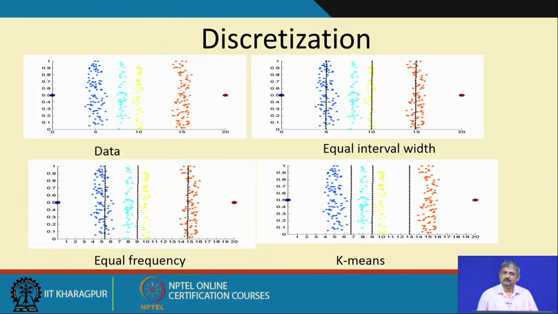Okay. So, the next pre-processing task is that of discretization. What it means is that suppose I have continuous data, say these different colored points. Instead of this continuous value, can I represent them by some intervals or discrete bins, say the age of a person.